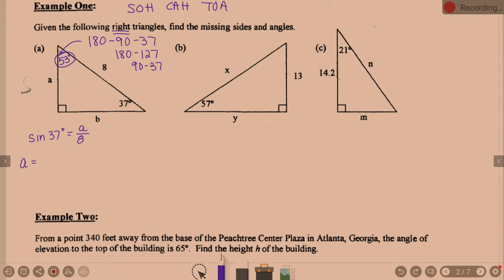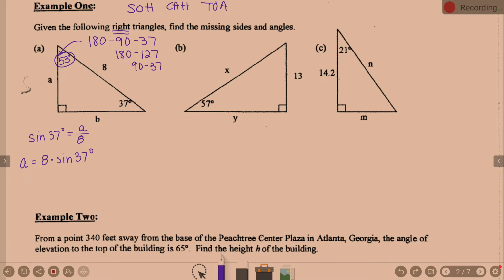So I'm going to rewrite this, because if I multiply both sides by 8, A is equal to the sine of 37 degrees. Does that make sense to you guys? Since it was A divided by 8, to get A by itself, I'm going to multiply the 8 over to the other side. If I multiply the 8 over to the other side, it's 8 times sine of 37 degrees.